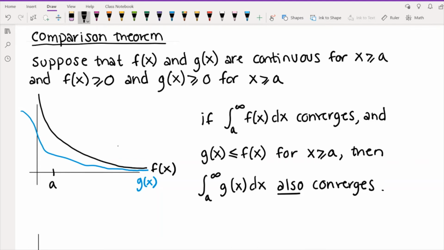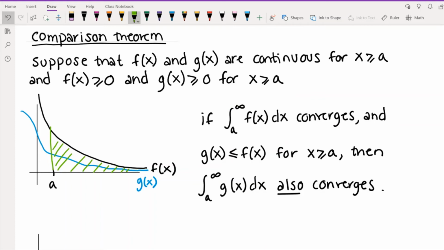It means that if we were to take the integral of the black function f of x, if we were to add up all the area extending on infinitely, and this integral converges, that means that is a finite number, right? All of that infinite area is some finite number.